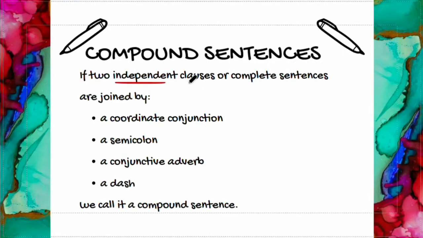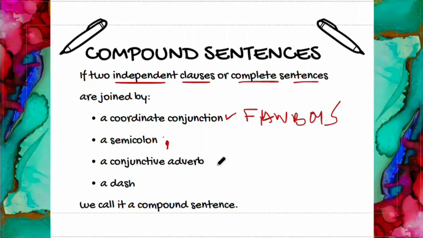If two independent clauses, or in simple words, complete sentences, are joined by a coordinate conjunction (FANBOYS), a semicolon, a conjunctive adverb like however, moreover, furthermore, or a dash, we call it a compound sentence.